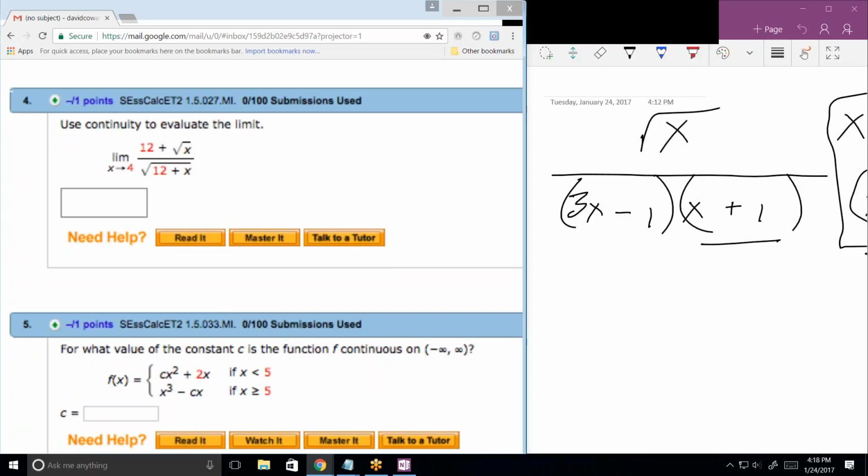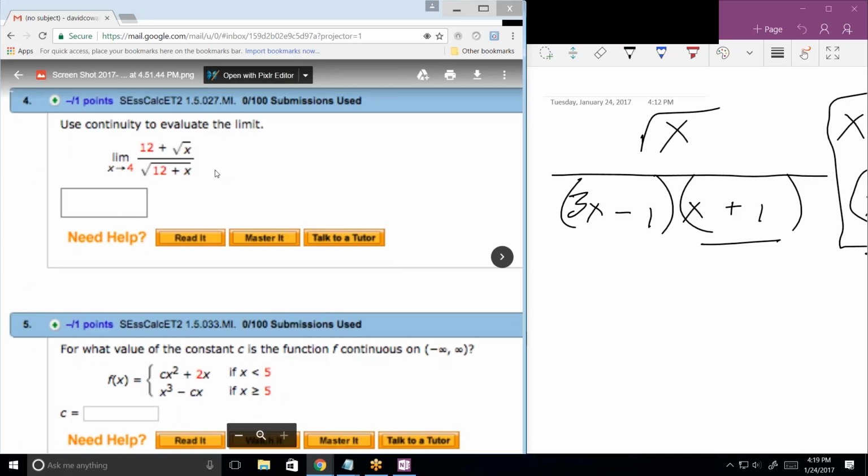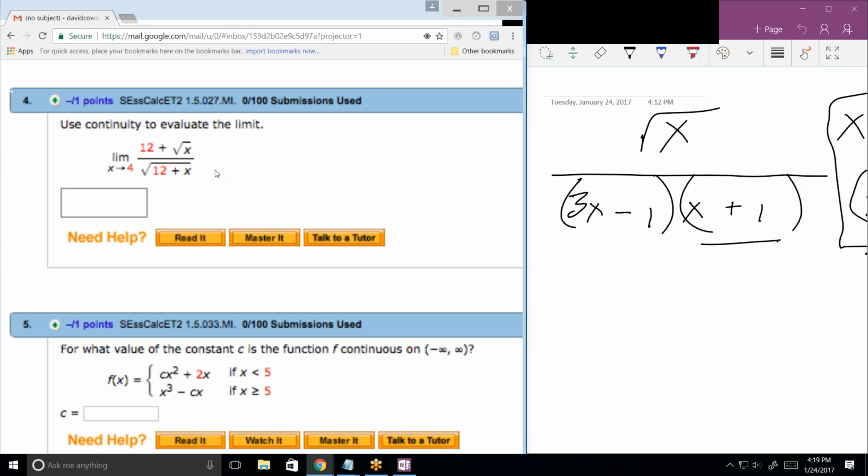Use continuity to evaluate the limit. What's a better way to evaluate the limit? I'm not sure exactly what they mean by use continuity, but there's only one spot for an answer, so if we can come up with the answer, that's all we need, right? Well, what happens to this function as x goes to 4?